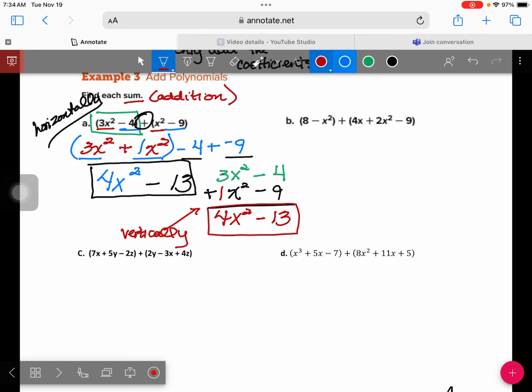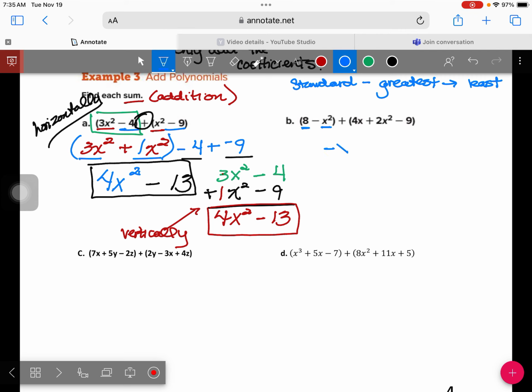Let's take a look at letter B. 8 minus x squared. Okay, first of all, let's put this in standard form. Standard form says I want to put it in order from the greatest degrees to the least. Well, this has a degree of 2, and this has a degree of 0.